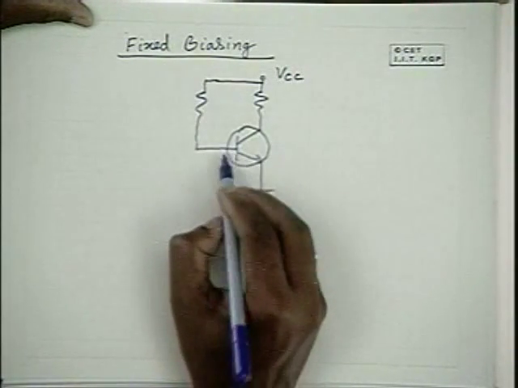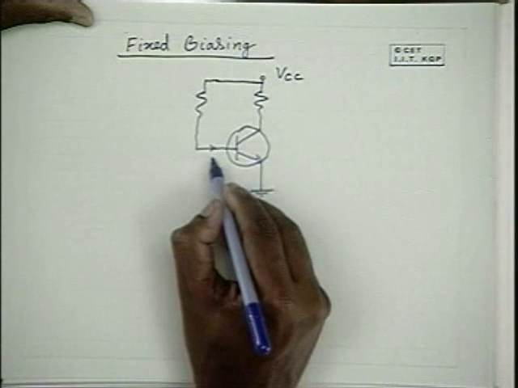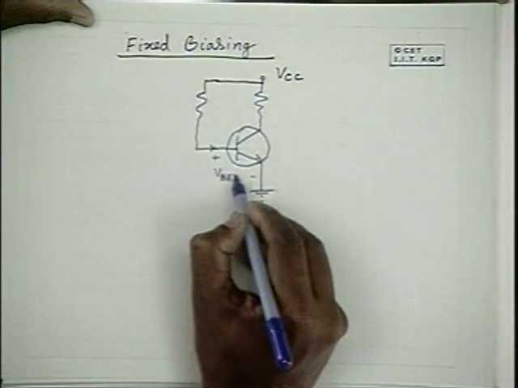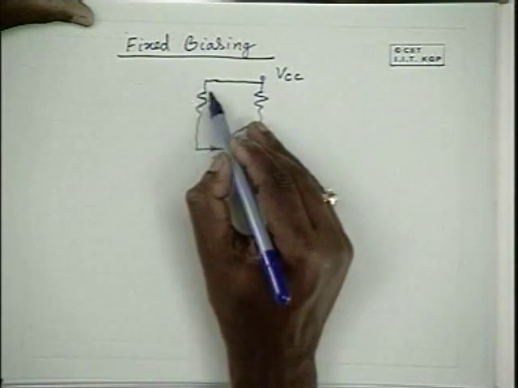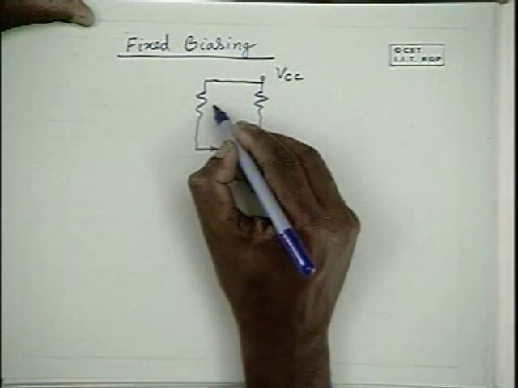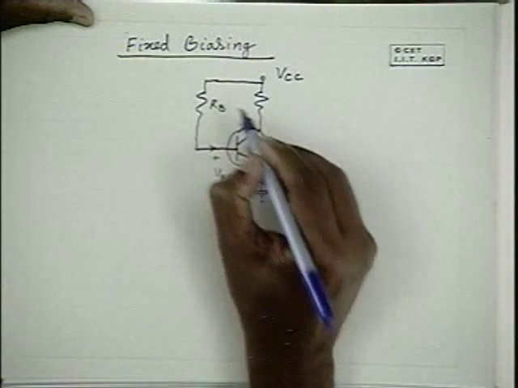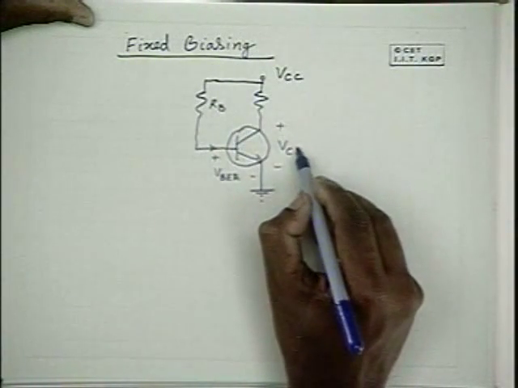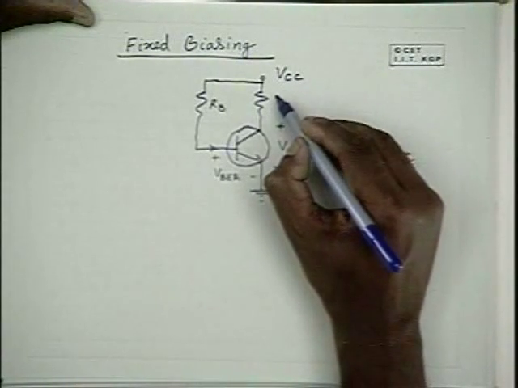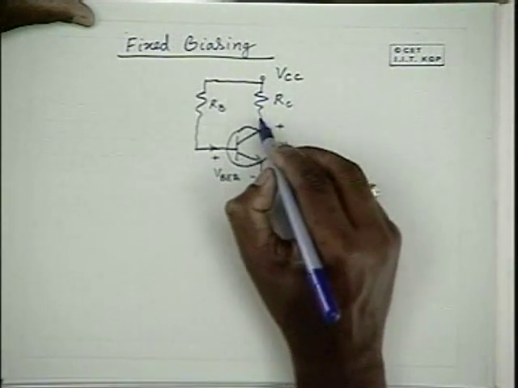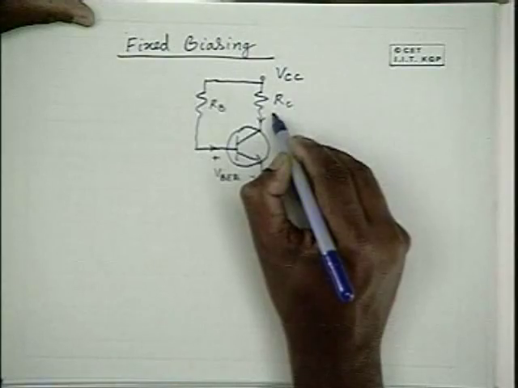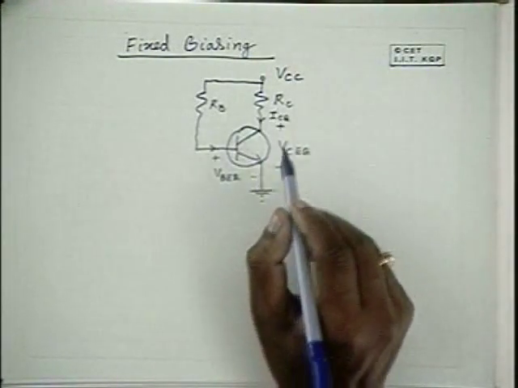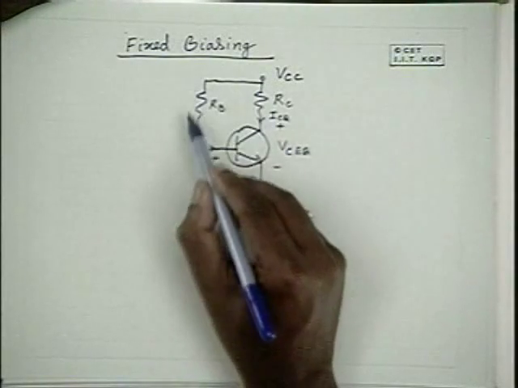Now, the base current and the required VBE are provided through this resistance RB, and the required VCQ is provided through the collector resistance RC, and the current ICQ is provided by RC. So the same supply can be used for both.